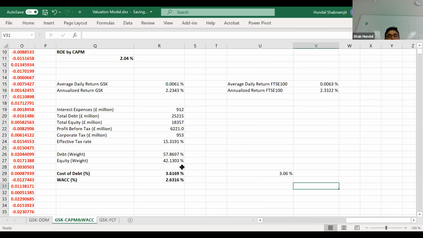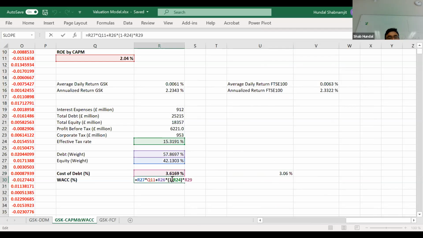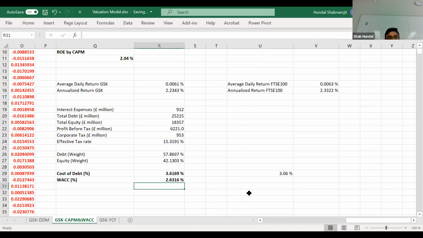So even though the cost of debt is overall 3.619, you get some exemption from the income tax, and ultimately you pay 3.06. This 3.06 comes here in the weighted average cost of capital. So then the overall weighted average cost of capital becomes 2.6316.